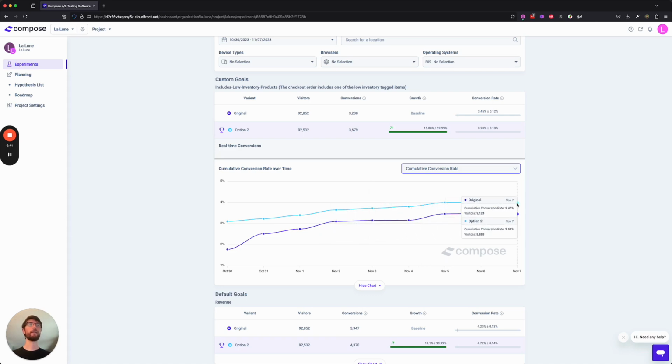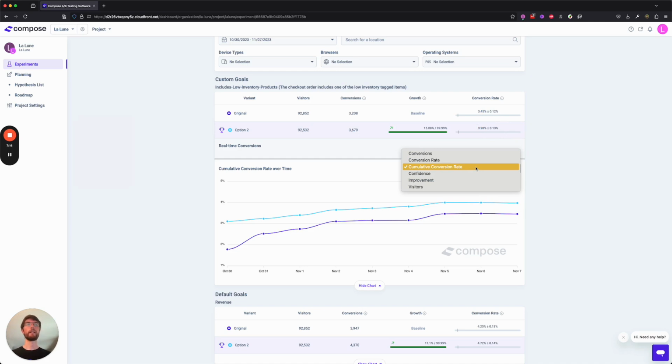And when we get to the last day, November 7th, that's going to be equivalent to what we're looking at up here in the conversion rate column. So we can see on November 7th, we ended with a cumulative conversion rate of 3.45% for the original, and option 2 a 3.98% cumulative conversion rate. The same as up here, what you're looking at in this column.